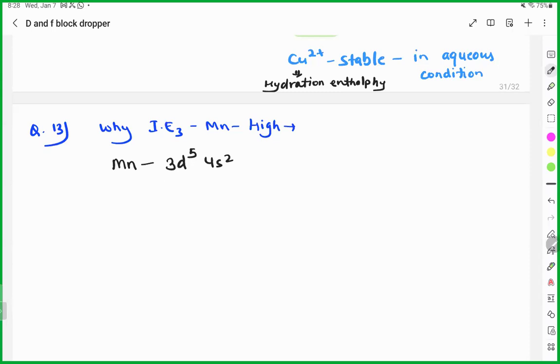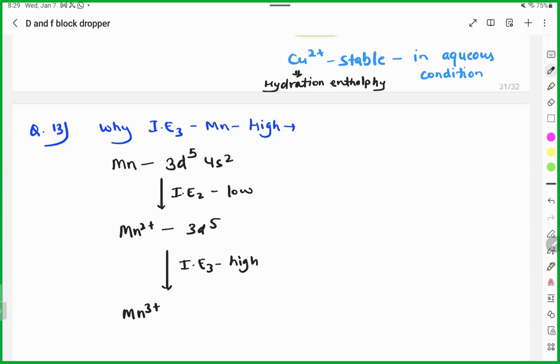Removal of two electrons, like I am directly writing, the second ionization enthalpy is low. Why? Because manganese 2 positive is stable, 3d5 configuration is stable. But if you remove electron from this stable configuration and try to make manganese 3 positive, third ionization enthalpy will be very, very high.